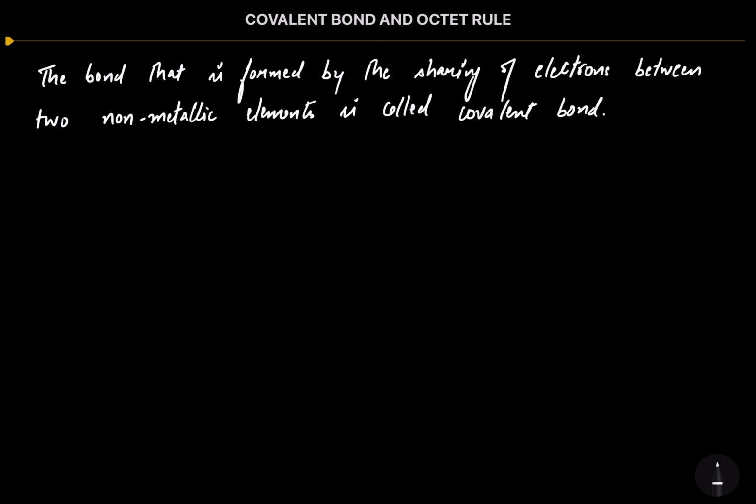Now, the elements that have valence electrons to be 4, 5, 6 and 7 will form covalent bond because the elements having the valence electrons 4, 5, 6, 7 will be the non-metals.